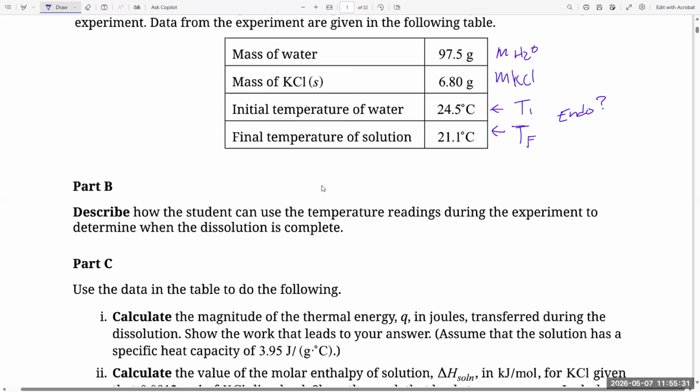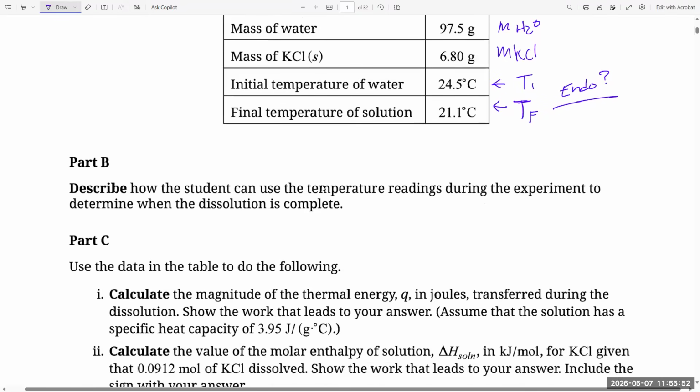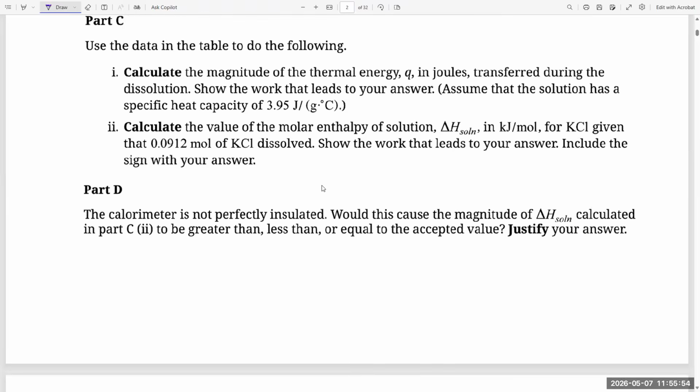Like I said, perhaps this is an endothermic process. So as more dissolution happens, the temperature of the water keeps going down. So as the reaction proceeds, the temperature will decrease. How do we know when it's complete? We would expect to see no more change in the temperature.